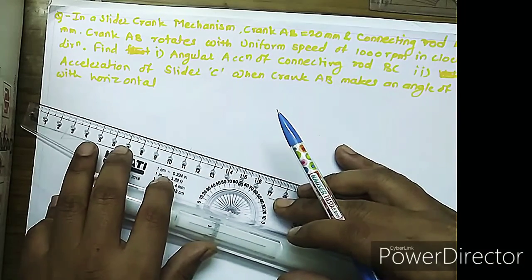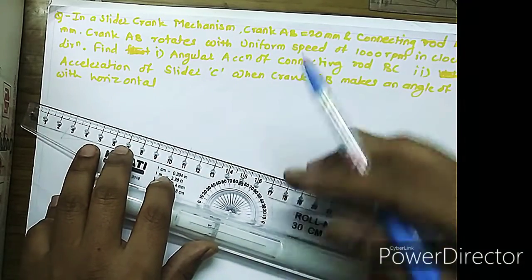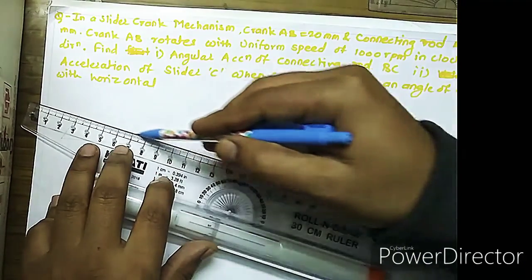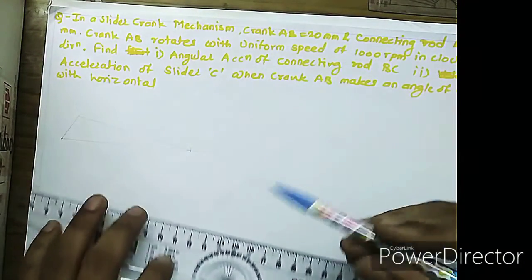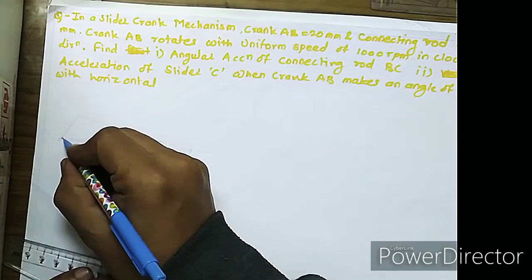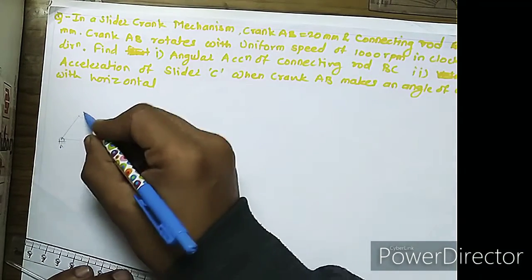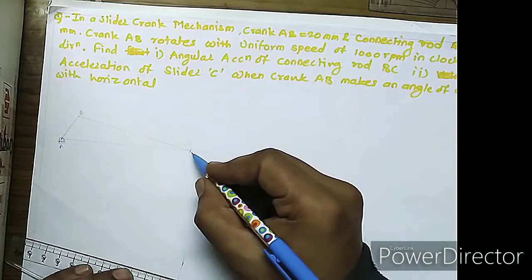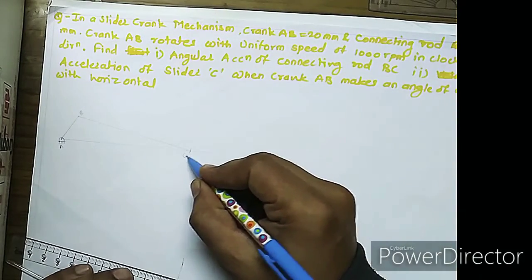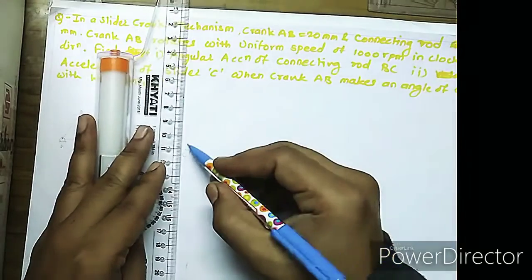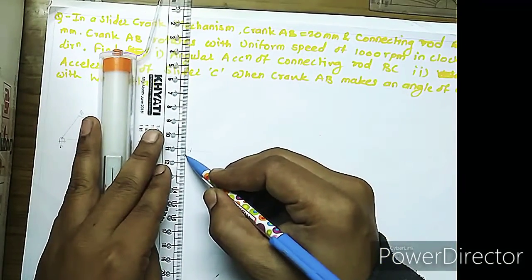Join B and C point. Points A, B and C. C is the slider, so draw the slider at that point.